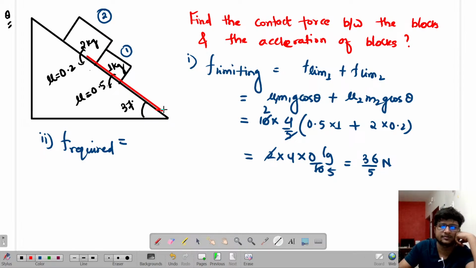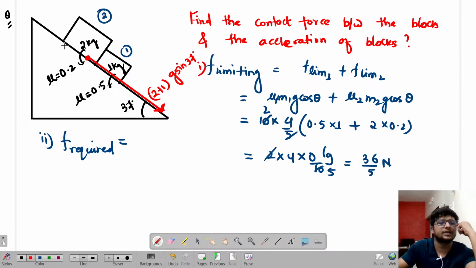Both of them have some forces along the incline. 2 kg will try to press 1 kg. So that will be (2 plus 1) g sine 37. Are you able to get me or not? Say something, yes or no? Do you understand?